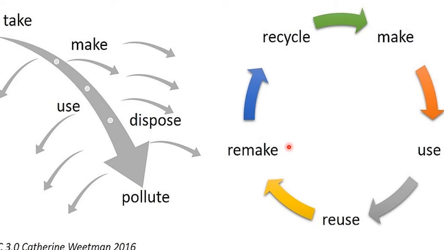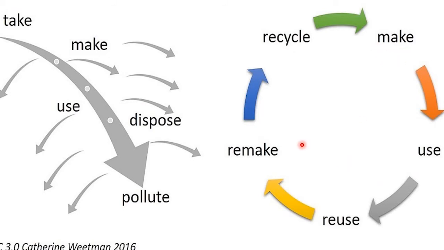And on the right side here, we see the circular economy process, or how it should be, where we create a product from recycled material. We reuse it or repurpose it, perhaps fix it maybe, before reusing again, to recycle this material into another material.